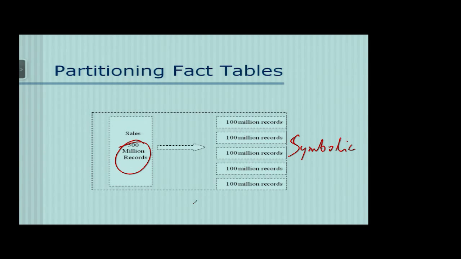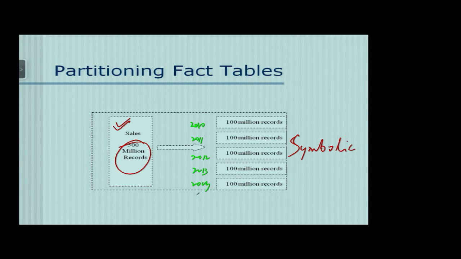And there are some very interesting facts, like how partitioning is supported. So you had all your data in the sales fact table. Now when you create this partition, suppose this is with respect to years, say 2010, 2011, 2012, 2013 and 2014, right?